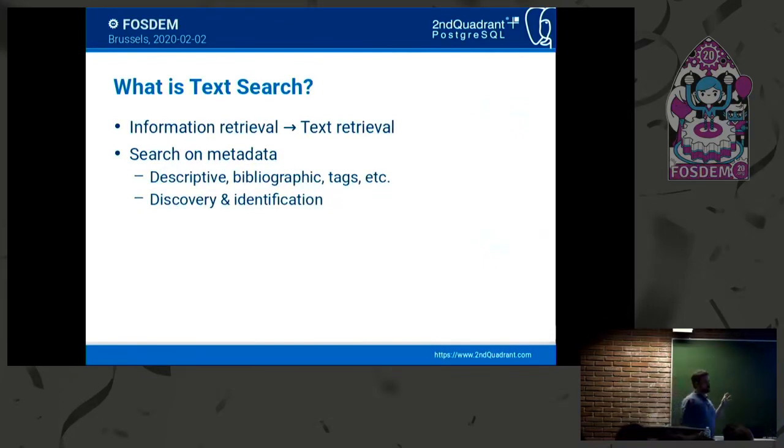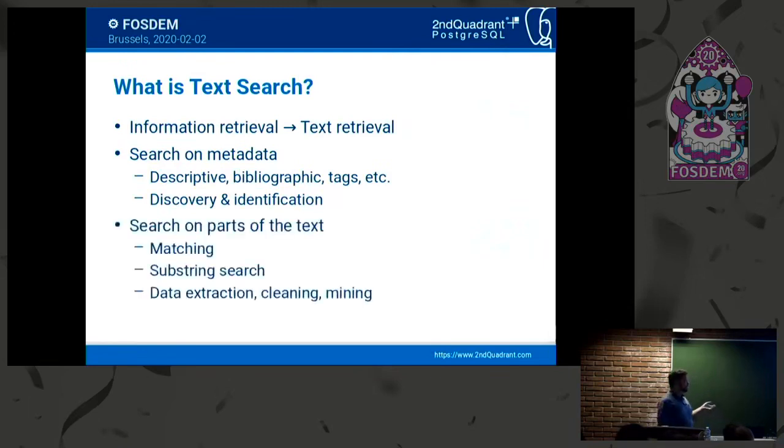When you're talking about text search and text matching, you are generally not trying to identify, let's say, the web pages or the articles that you're interested in through their content. You're looking at metadata fields and you're trying to match words out of the whole thing. So matching, substring search, data extraction, it's useful for that.